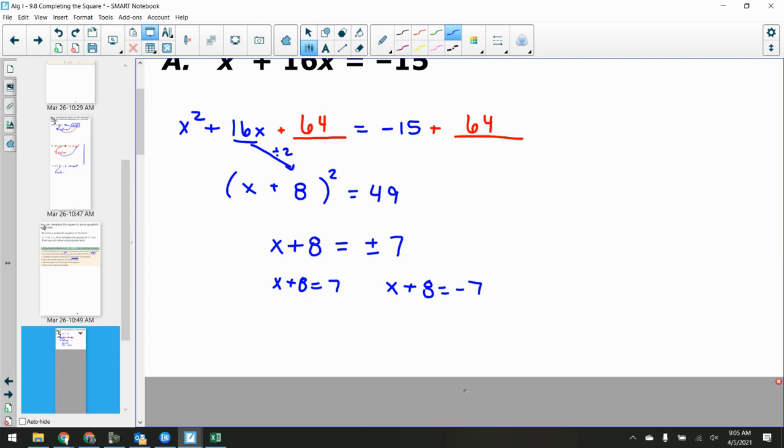It's not just one answer with a plus or minus in front of it. So we subtract over the 8. We get x equals negative 1. We subtract over the 8. We get negative 15.